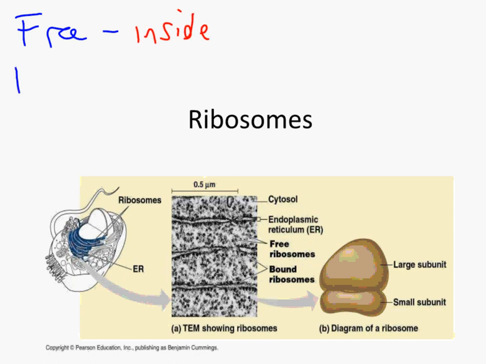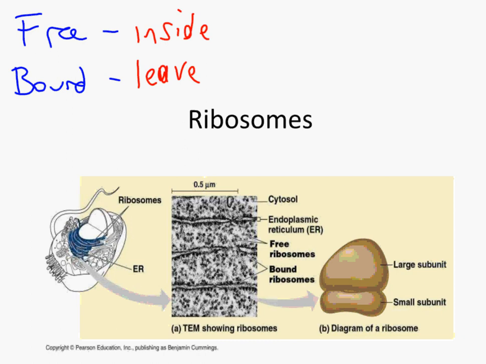There are bound ribosomes, and these ribosomes are bound on the endoplasmic reticulum, which we'll get ready to talk about. These proteins are going to leave the cell. And so free ribosomes, the proteins stay inside. Bound ribosomes, the proteins are going to leave the cell.